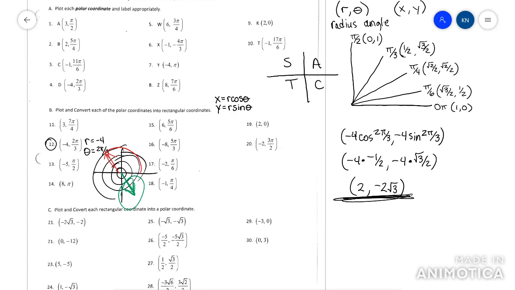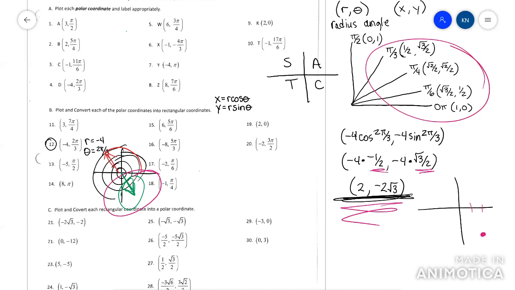So I need to end up in quadrant 4. Now I look at my rectangular coordinate, 1, 2, negative 2 root 3 would put me like here. Okay, it's in quadrant 4. It matches, so I didn't miss any negatives, which means as long as you got these x, y's right from these right here, you're good to go.